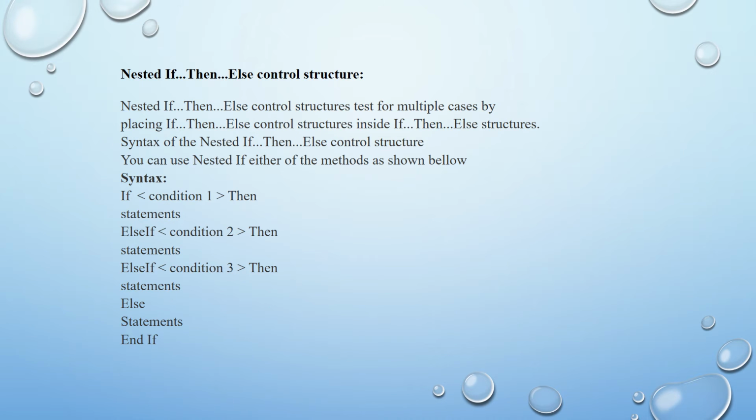Now next, the nested If Then Else control structure. Nested If Then Else control structures test for multiple cases by placing If Then Else control structures inside If Then Else structures.